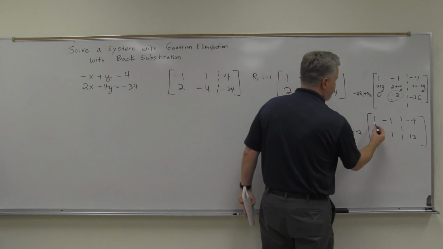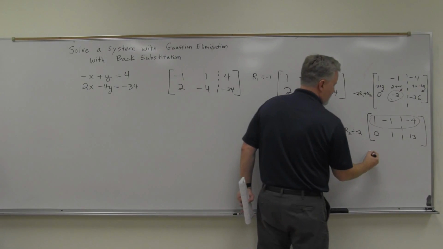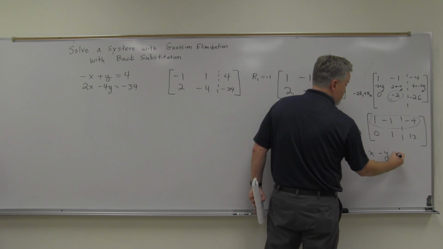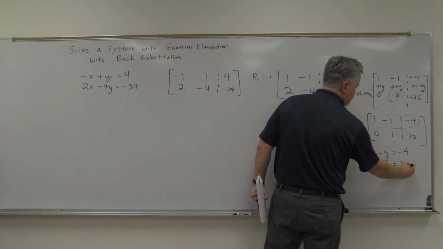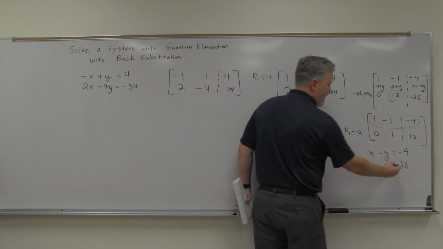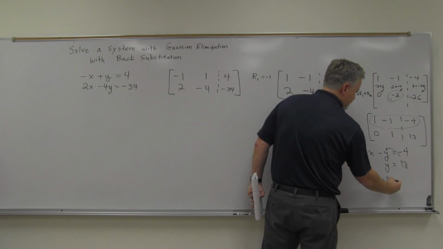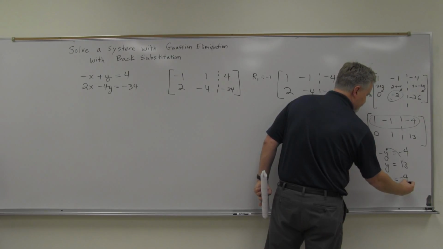And what that does is give us the solutions, because now the top line, if we put it back with the x's and the y's, would be 1x minus 1y, just x minus y equals negative 4, and this would be just y equals 13. And so we've got it, because now we can just say x minus 13 equals negative 4, so that would make x be 9.